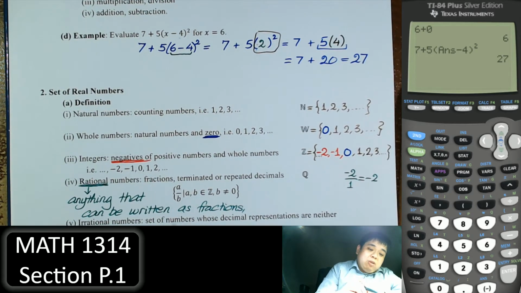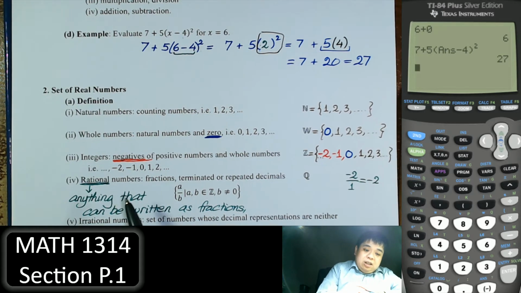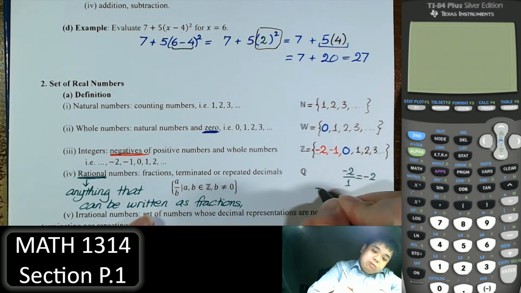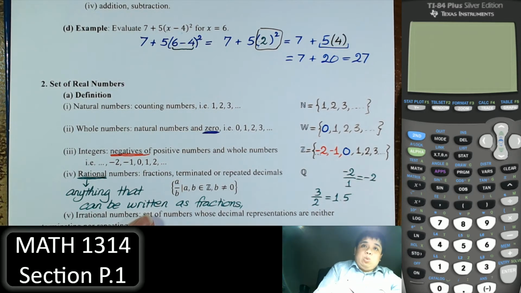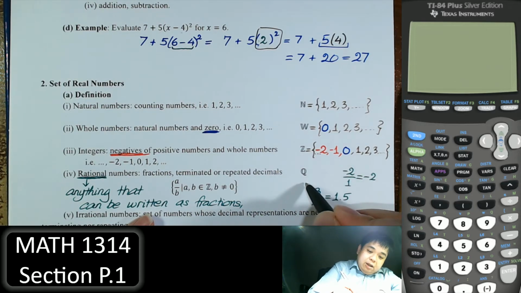So rational numbers include all of those integers, all the fractions, and all the terminating and repeating decimals. For example, 3 divided by 2 is 1.5. So we say 1.5 is a rational number because it can be written as a fraction.